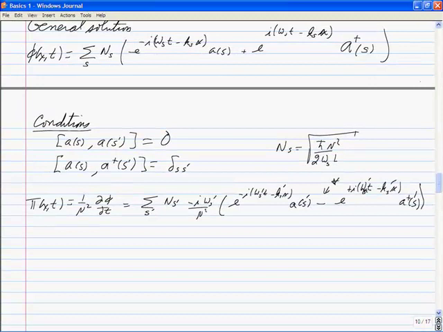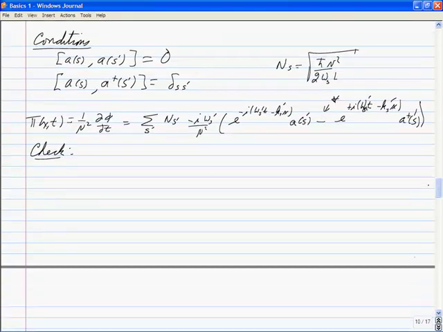All right. So now comes the demonstration that we're going to check that this satisfies the commutation rules. So phi of x and t with pi of x prime, same time.